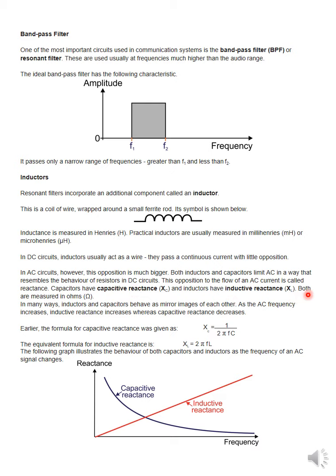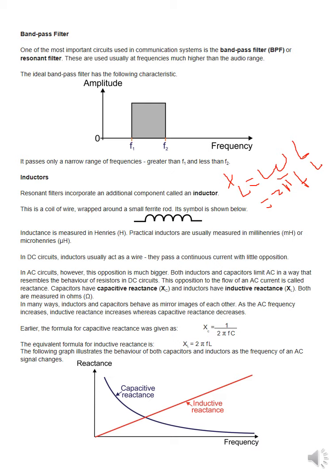Capacitors have capacitive reactance and inductors have inductive reactance. Both are measured in ohms. Inductive reactance, if you remember from the resonance circuit, is defined as omega L, or equals 2 pi f L. So the higher the frequency, the higher the value of reactance.